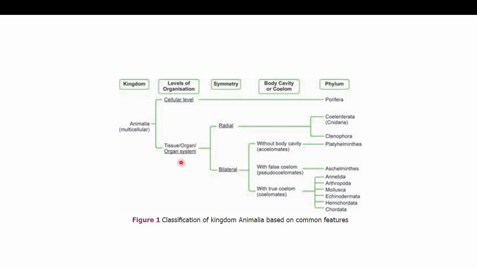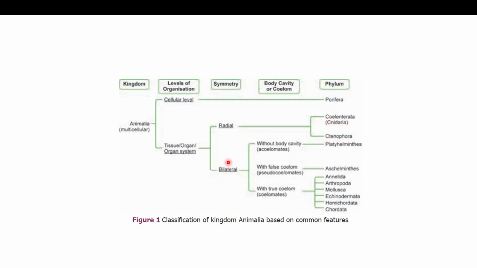So all the organisms that have tissue or organ system level of organization can again be divided on the basis of the symmetry that their bodies possess, like radial and bilateral symmetry. The radial ones are divided into Coelenterata and Ctenophora.